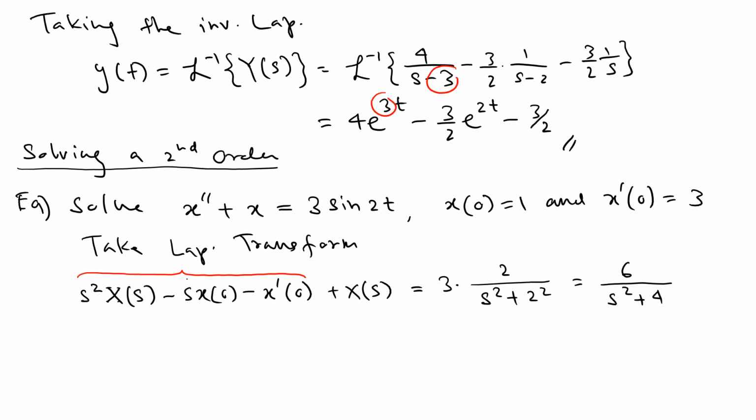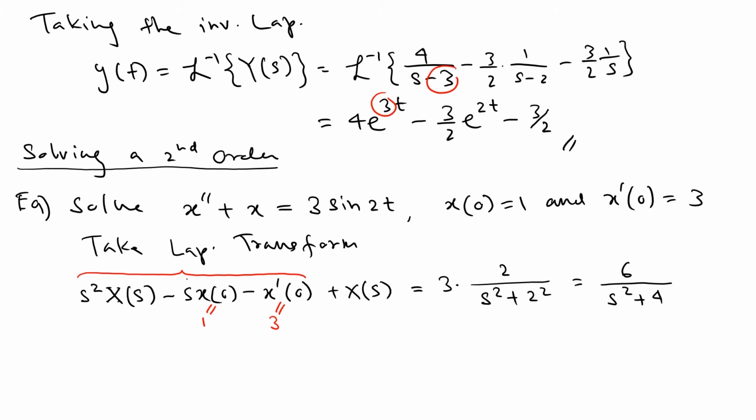That's easy to write like that. Okay, now let's plug in the other values that we know. We already know that x(0) equals 1, so this is 1. And we also know that x prime of 0 is equal to 3. So let's plug them in and try to bring it to the other side.